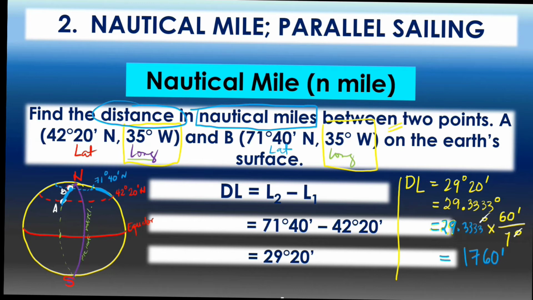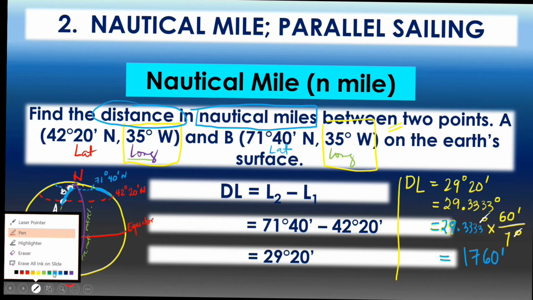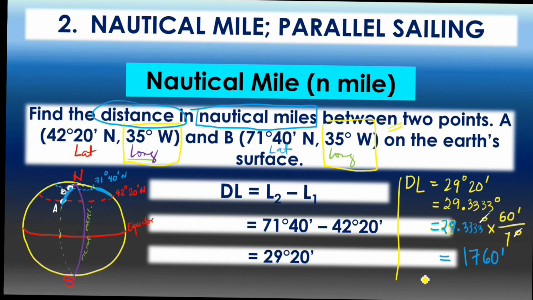So again, we need the nautical miles. So we need to convert this to nautical miles. So we have 1760 minutes times, okay, we need to cancel the minute here. So we're going to have the minute in the denominator. So remember that the conversion is 1 is to 1. So we have 1 minute is equal to 1 nautical mile. Then we can already cancel the unit, minute. Okay.